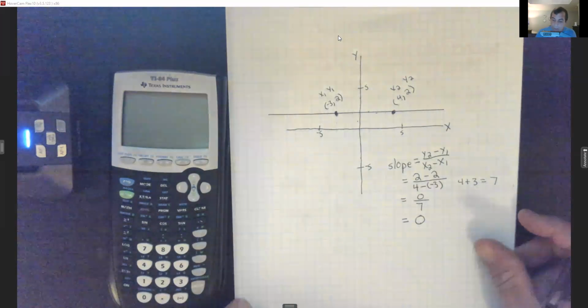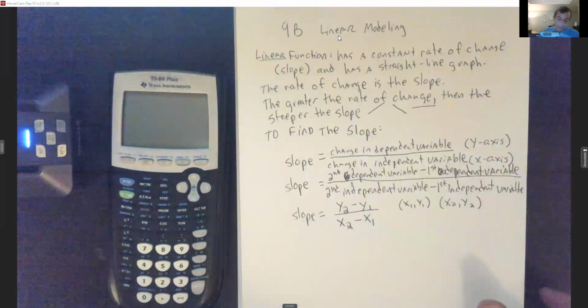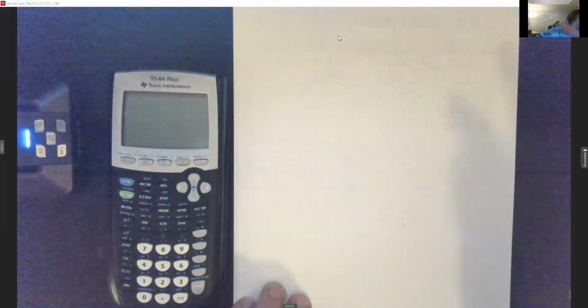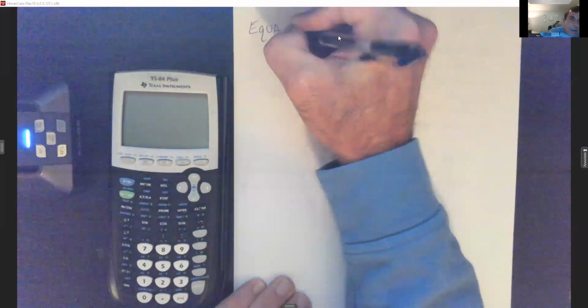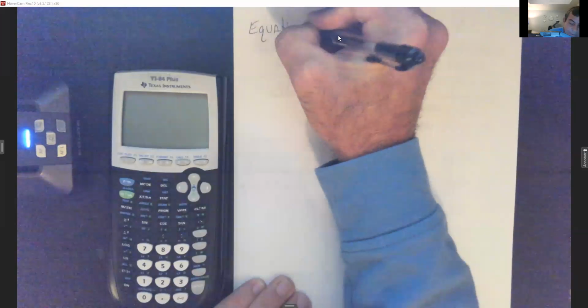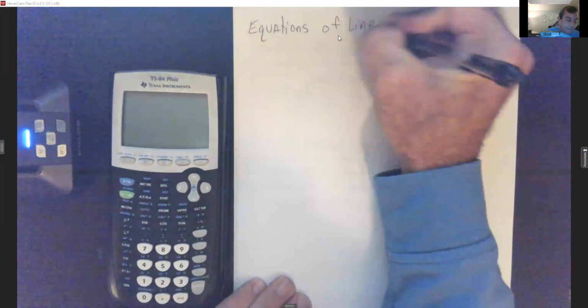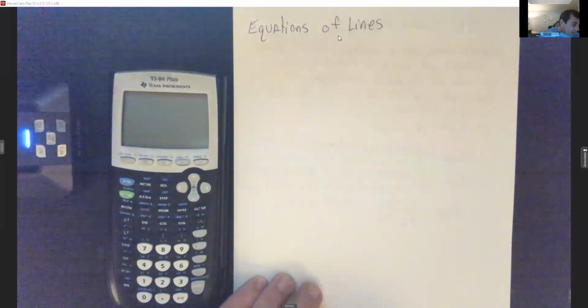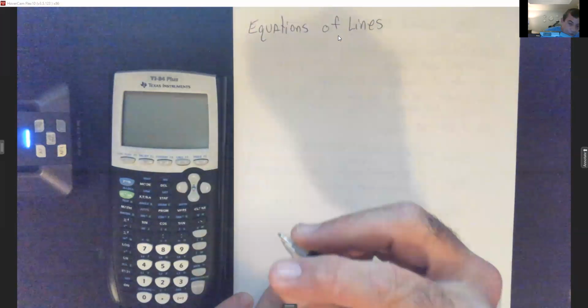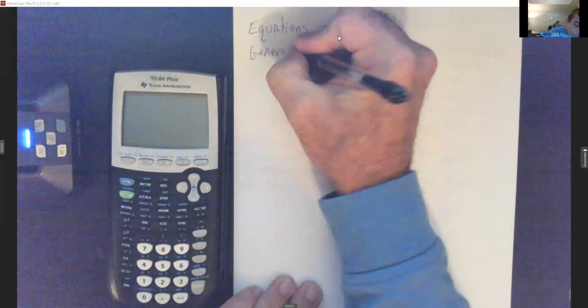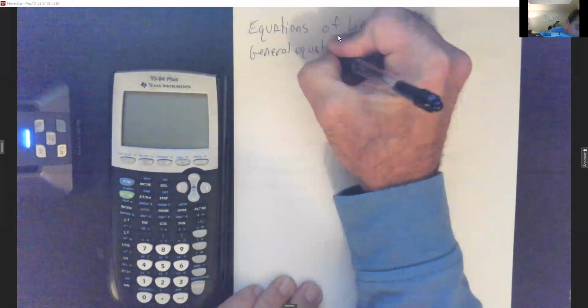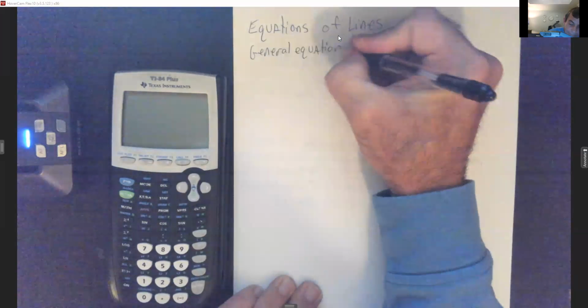All righty, y'all, so let me go back to my notes. So now that we got the slope down, we're going to look at what we call equations of lines. So the general equation for a linear function.